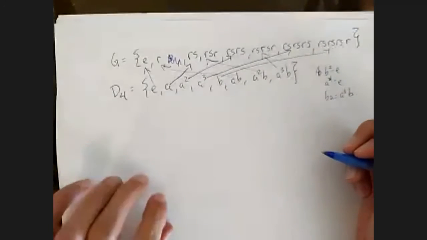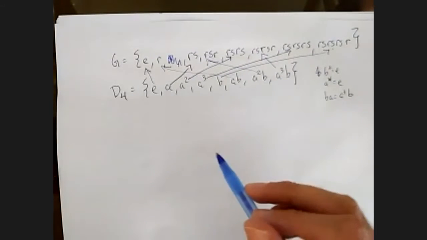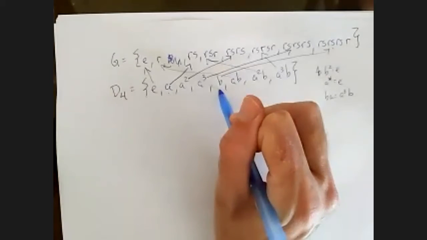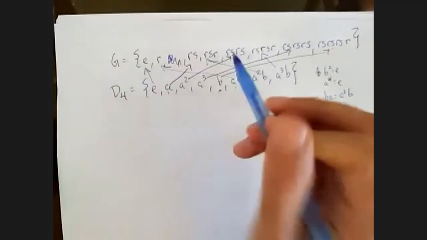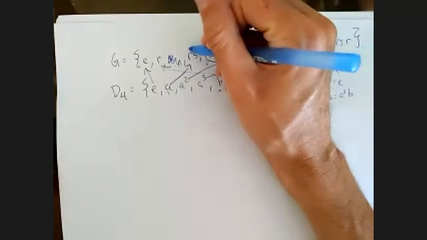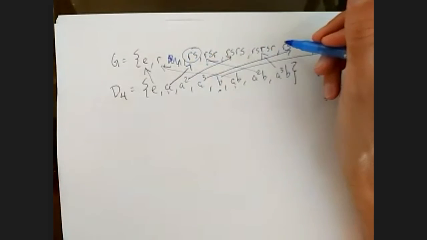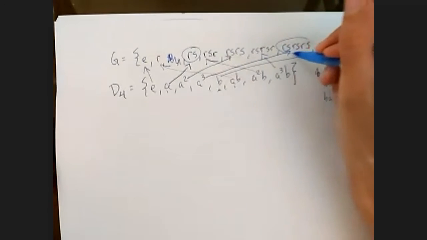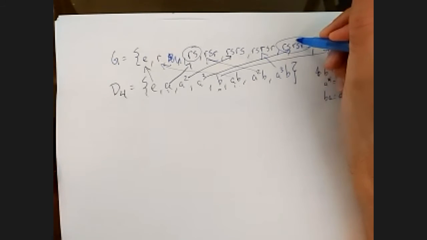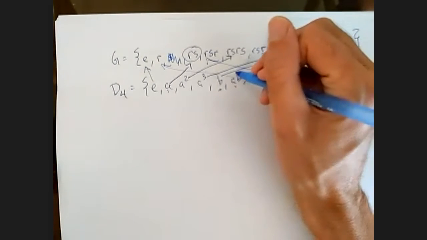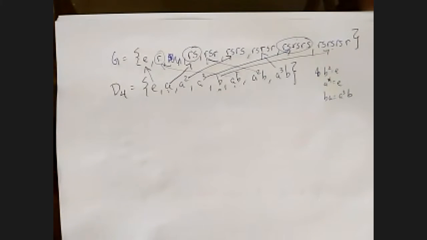Then you have to check, for example, that in D4, A times B is AB, and that psi of A times psi of B equals psi of AB, which is R. You have to check whether this times this equals R, yes or no. If yes, that's one step on the road to proving that psi is a homomorphism.